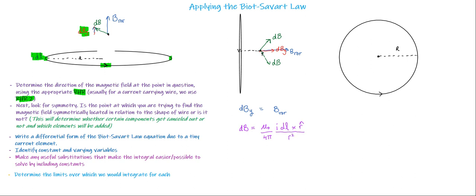Now keep in mind that this could be cross r without the unit vector over r cubed, and it would be the same thing. Now I have to keep in mind here, this dB would be one of these total current elements, and I need to only find this y component of the dB. So I have to figure out what that's going to represent.